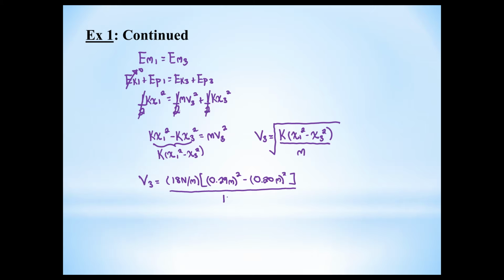The mass we calculated from part A, it's 12 kilograms. And then take the square root of that. Before we even do this, we should know what the speed is going to be. So the equilibrium speed was 0.35 meters per second. So there's no way it can be that large. And it isn't. If we calculate this correctly, we should get 0.26 meters per second. That's a 6.